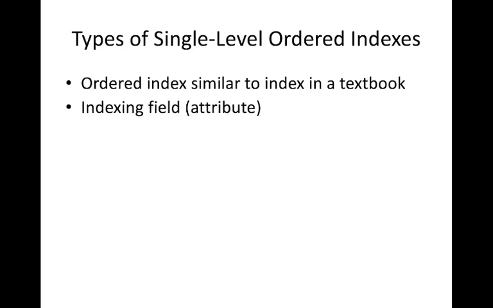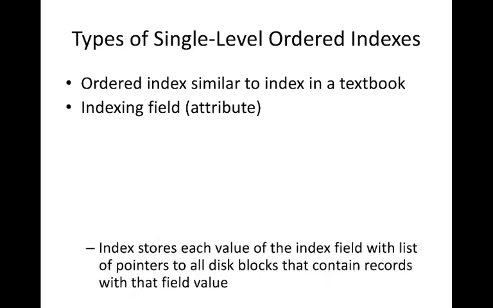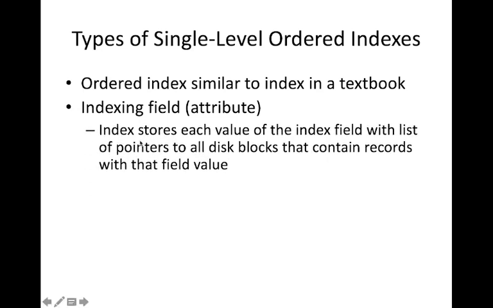The indexing field can be any attribute. Whatever field we use for indexing is known as the indexing field. The index stores each value of the index field with a list of pointers to all disk blocks that contain records with that field value. In the case of a textbook, at the back we have different index values.